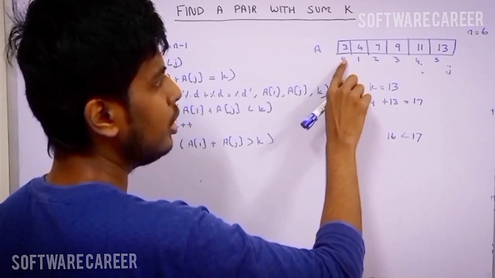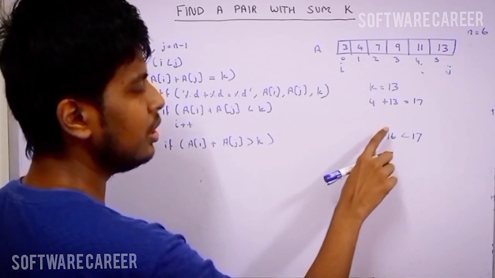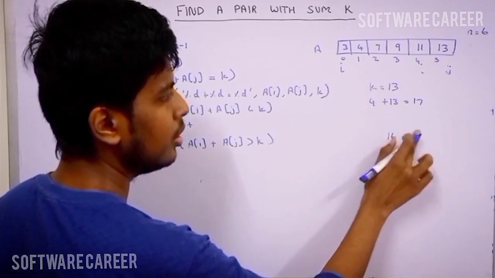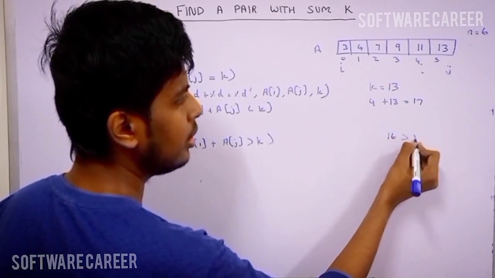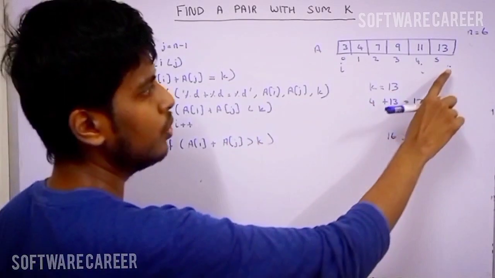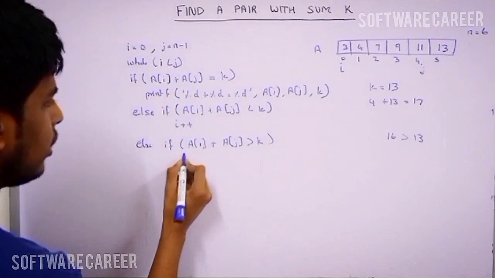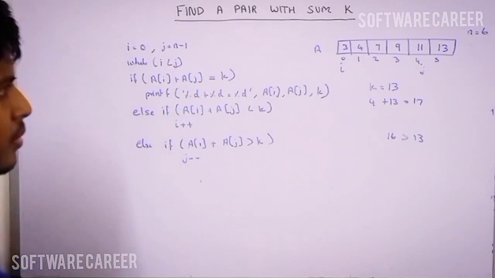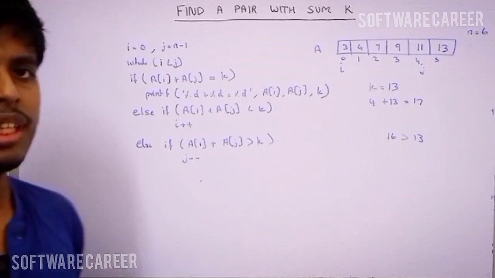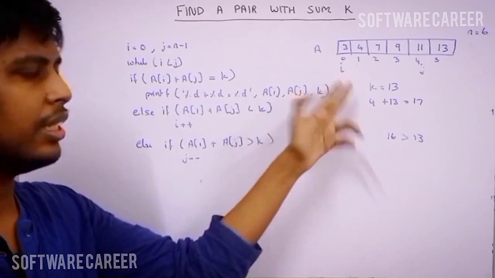Now see, 3 plus 13 is 16. 16 is greater than 13, so 16 is greater than k. So what should you move? You should decrease j by 1. Now j will be 4. So I am writing here j minus minus. So this is the condition. This is the code for when the array is sorted.